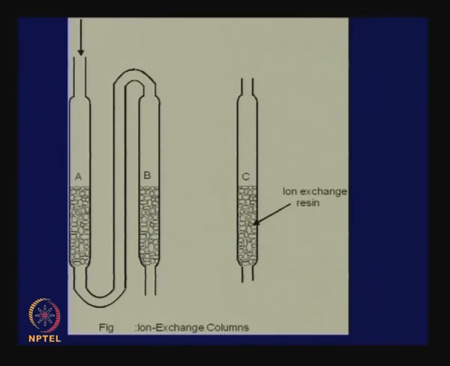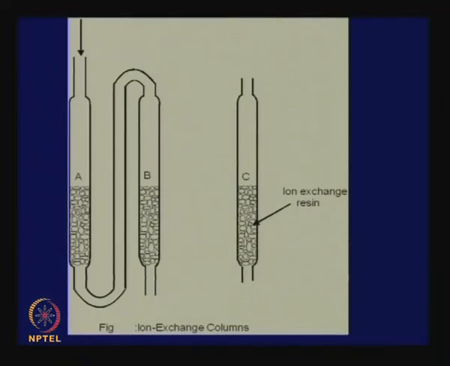We have ion exchange columns containing resins, and if you pass the solution containing metallic ions through them, they will absorb, and you can go through a series of them. There are many things involved in this ion exchange. There is a question of kinetics, there is a question of selectivity. Sometimes it is not possible to absorb all of a particular ion, maybe some other metallic ions will also be absorbed.